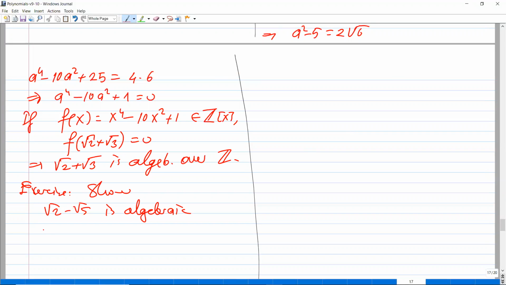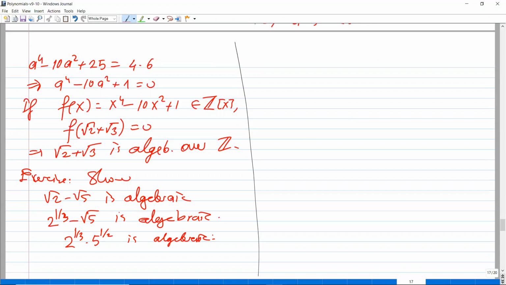Even the third root of 1 over 2 minus square root of 5 is algebraic. Or also 2 to the third root of 2 times 5 to the 1 over 2, for example. These are all algebraic numbers. I will leave this to you as an exercise.